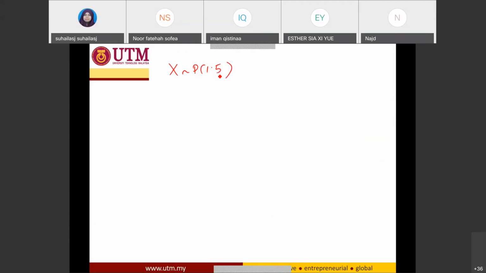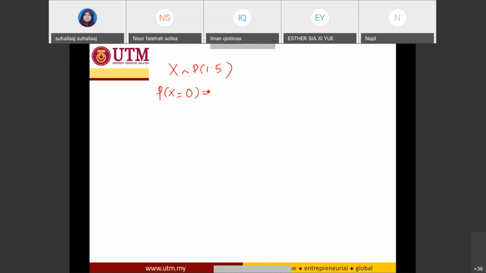Refer to your stats table, cumulative Poisson probabilities, lambda equals 1.5, on page 25. You want to find probability X equals 0.